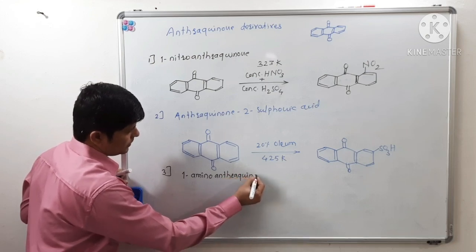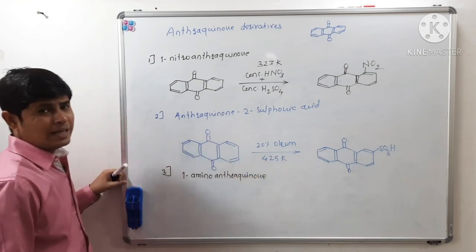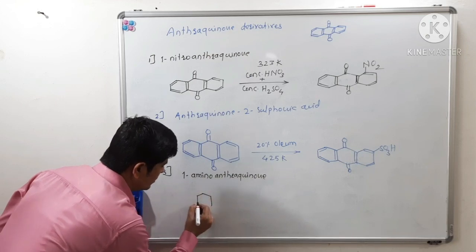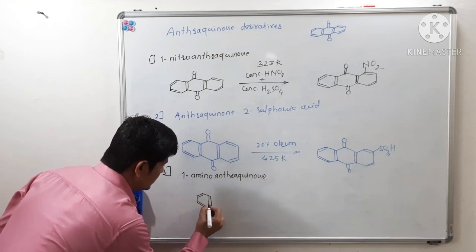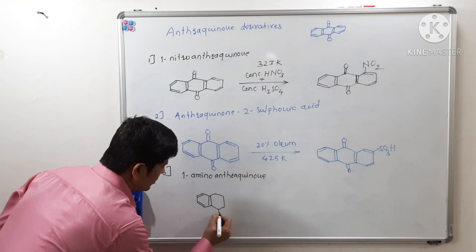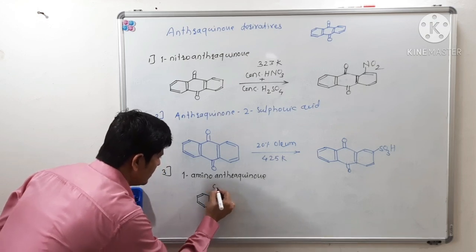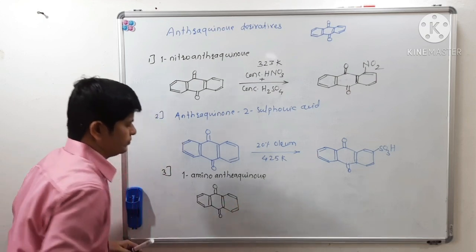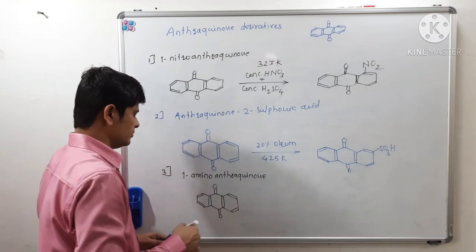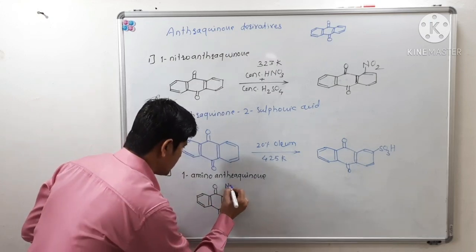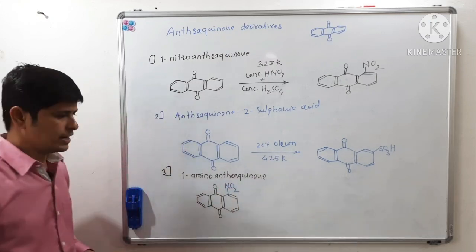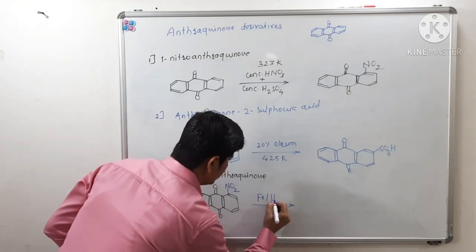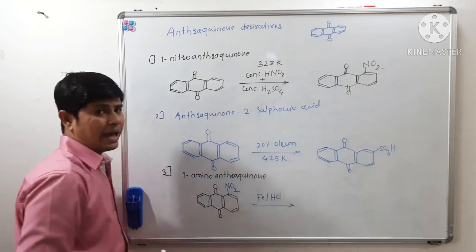For the preparation of 1-aminoanthraquinone, 1-nitroanthraquinone is the starting material. 1-nitroanthraquinone is reacted with iron and HCl, by Bechamp reduction.